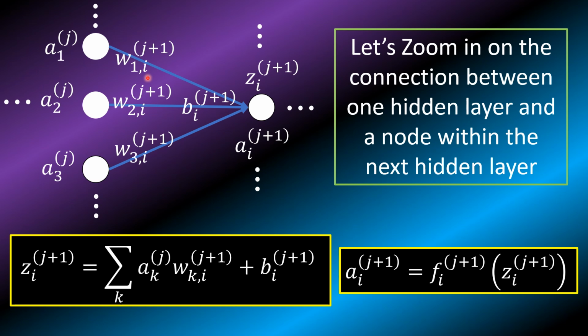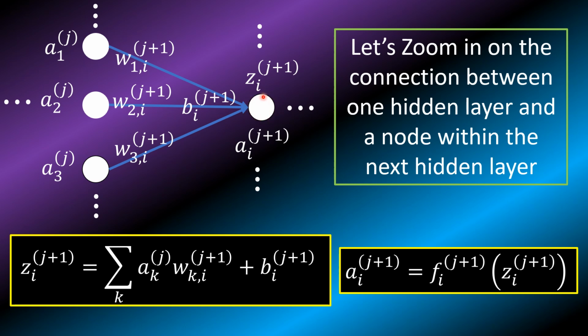You can see over here we have the weight connecting neuron 1 in the jth layer and neuron i in the J plus 1th layer, for example. And then we have the bias B sub i J plus 1 of this neuron over here.